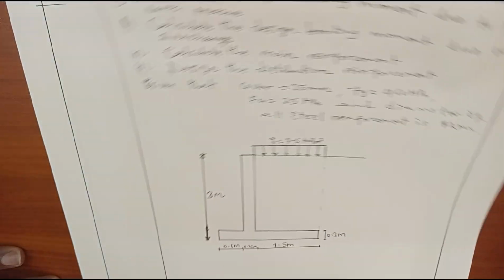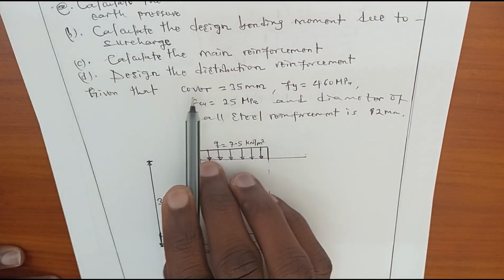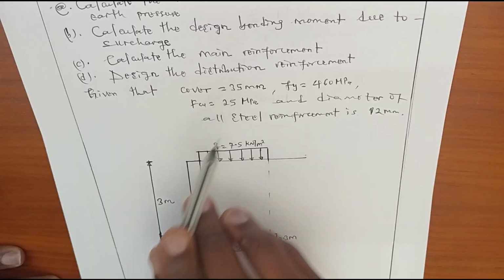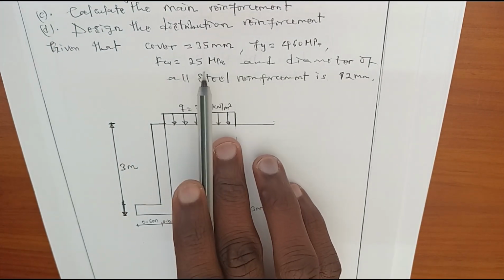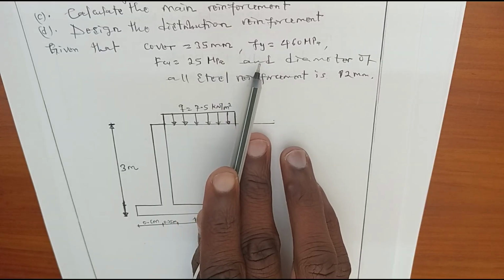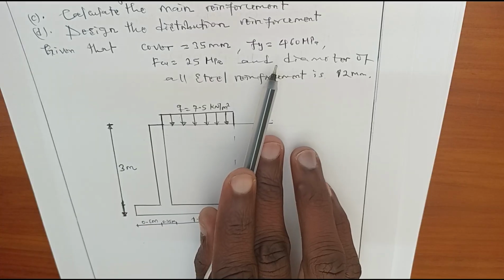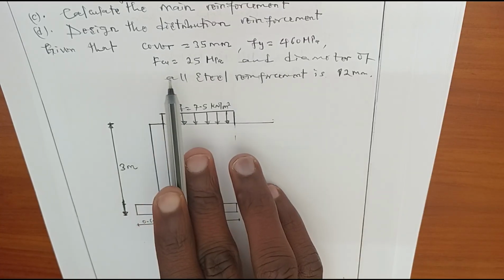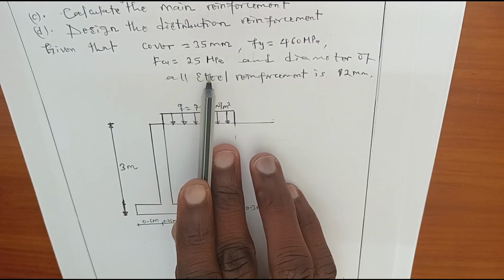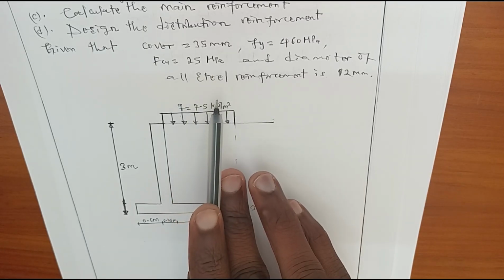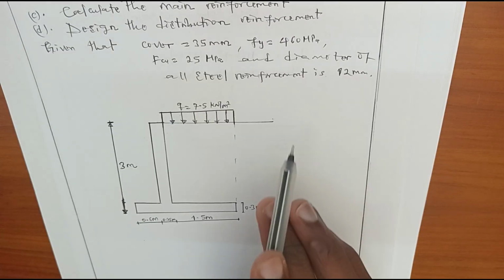And D, we are required to determine the distribution reinforcement, given that the cover is 35 mm and FY, which is the reinforcement strength, is 460 MPa, and the concrete strength, FCU, is 25 MPa. The diameter of all reinforcement is 12 mm.